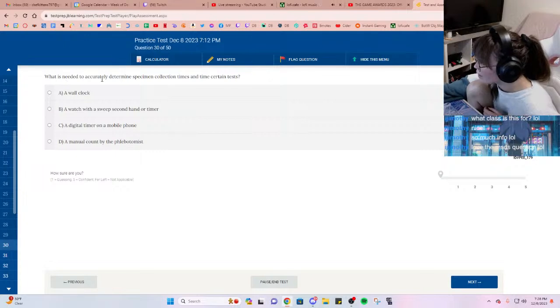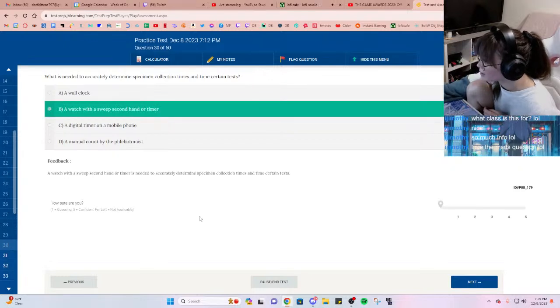What is needed to accurately determine specimen collection times and time certain tests? A wall clock, a watch with a sweep second hand or timer, a digital timer on a mobile phone, or a manual count by the phlebotomist. I think a watch with a sweep second hand or timer. Yes. Collection time is needed to accurately determine specimen collection time and time certain tests.